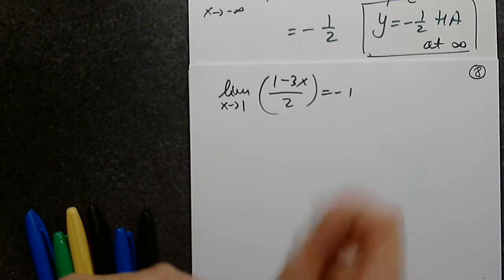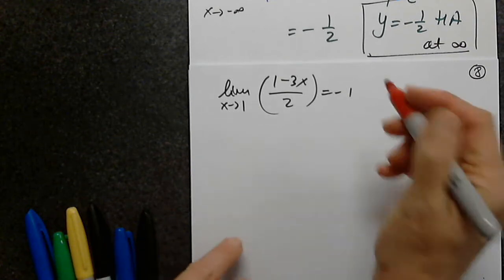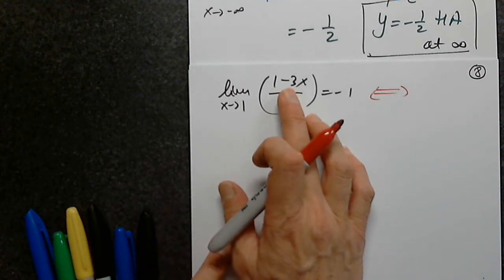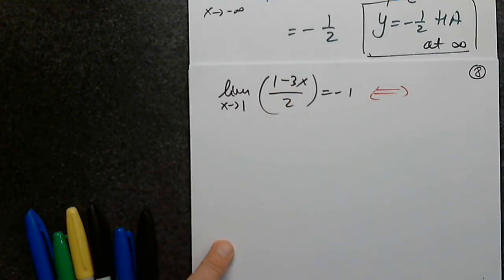Okay, good. So let's start with this. Let's check first of all, 1 minus 3x is negative 2, divided by 2 is negative 1.